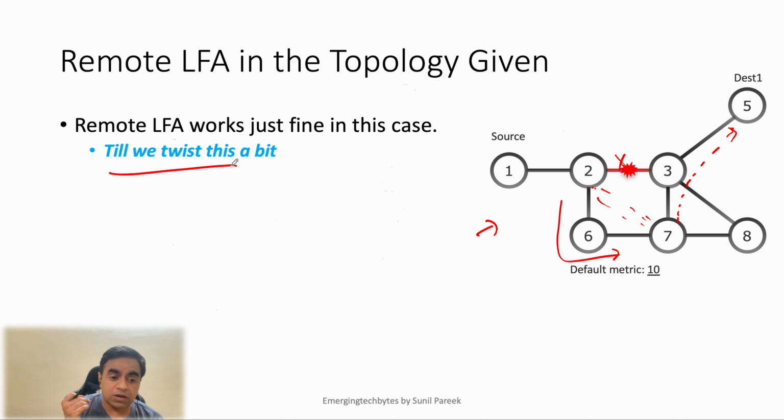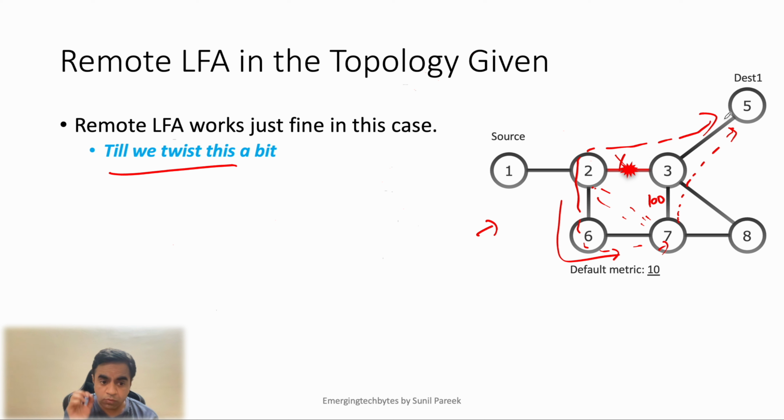How can we relate that to networking? Let's say that somehow the cost on this path is more. Now, even if the traffic comes to 7, the shortest path from 7 is also via 6 to 3 and then 5.